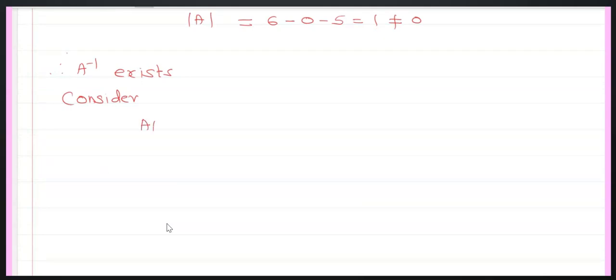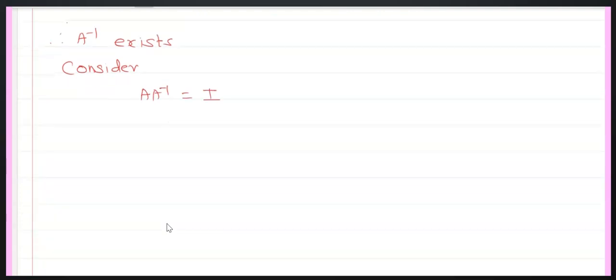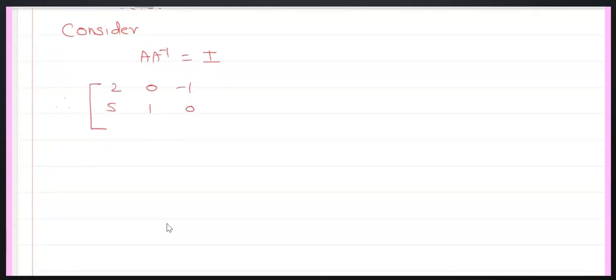Consider A into A inverse is equal to I. Therefore 2, 0, minus 1, 5, 1, 0, 0, 1, 3, A inverse is equal to 1, 0, 0, 0, 1, 0, 0, 0, 1.